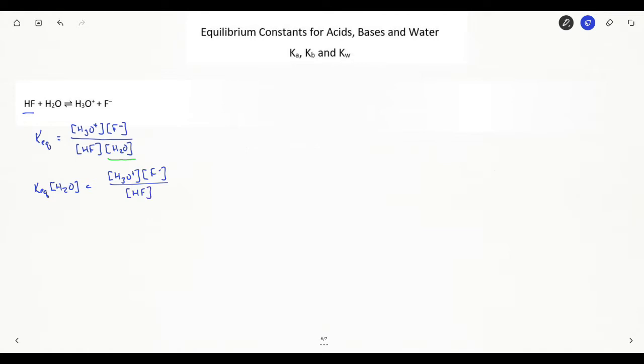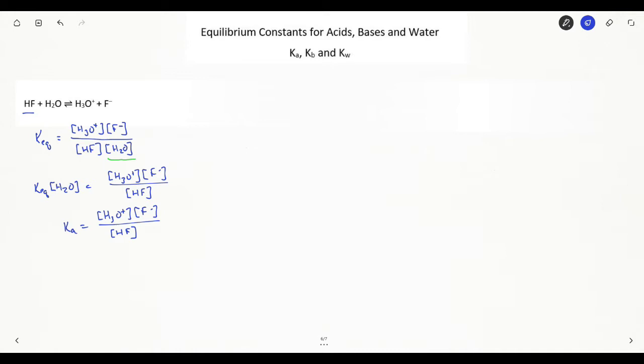Now bringing that concentration of water over to the left side of the equation turns this KEQ into something very specific. It now becomes a Ka. Of course, we call it Ka because we're talking about an acid.